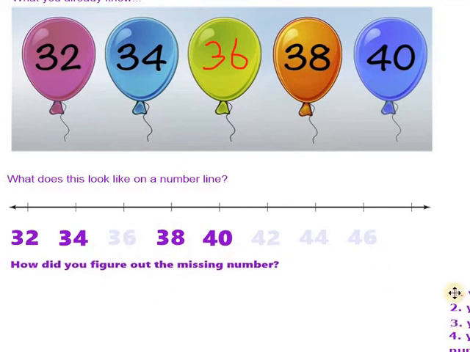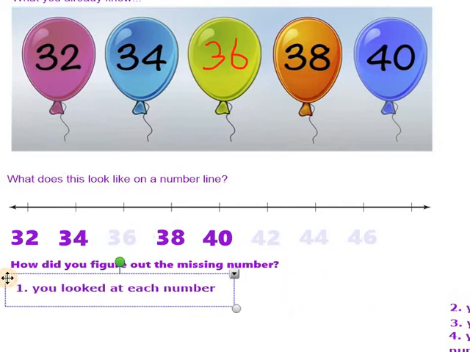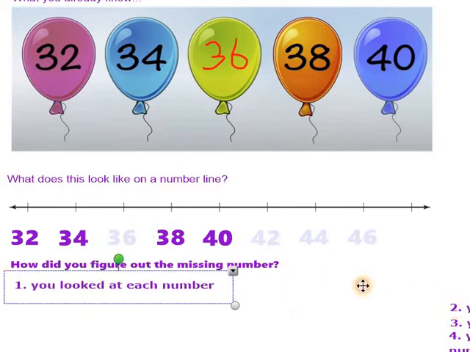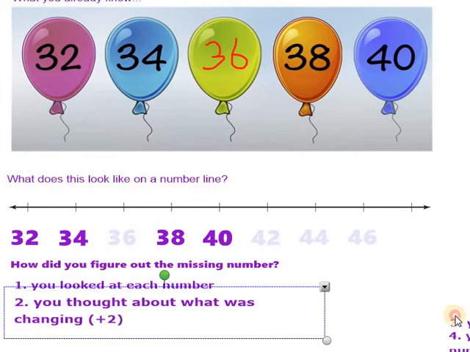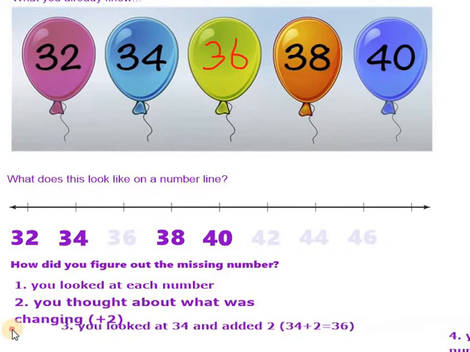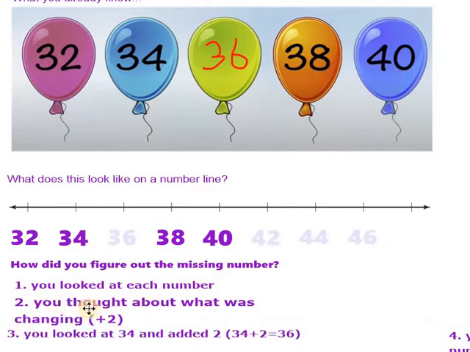So let's make sure we understand how you figured out the missing number. The first thing you did was you looked at each number and you thought about how it's changing. You thought about what was changing in those numbers. You looked at the 34, and you figured out that it was plus 2.